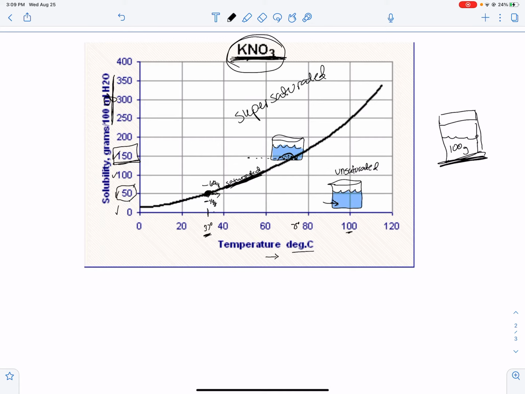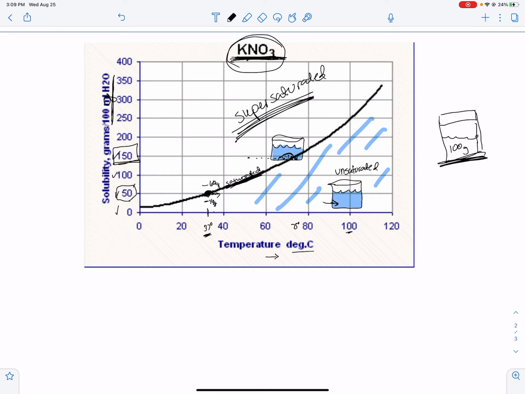Any amount over 50, if it were to dissolve, is considered supersaturated. You have to do special things to make things supersaturated. They don't tend to stay that way. They're unstable-ish. So we're really paying attention to the line, but we're also paying attention to what's above and below the line. So just try to think of below the line as unsaturated, meaning there's no solid at the bottom, and above the line as supersaturated.